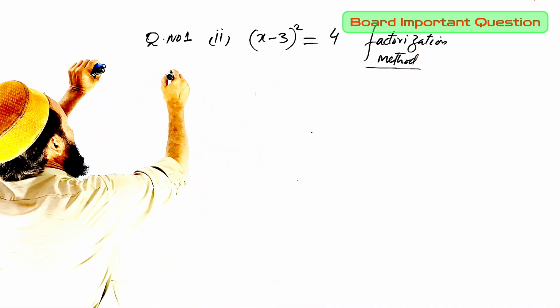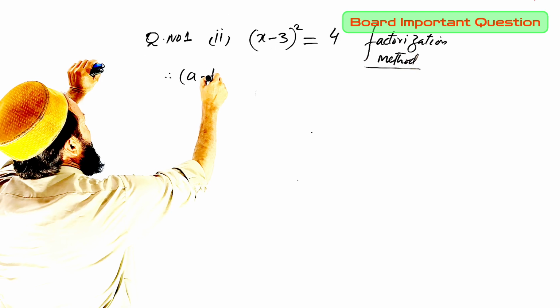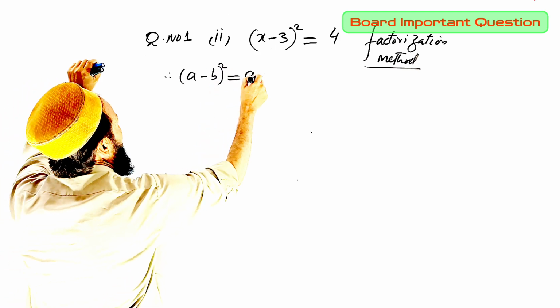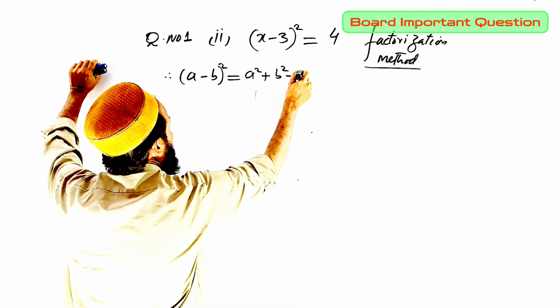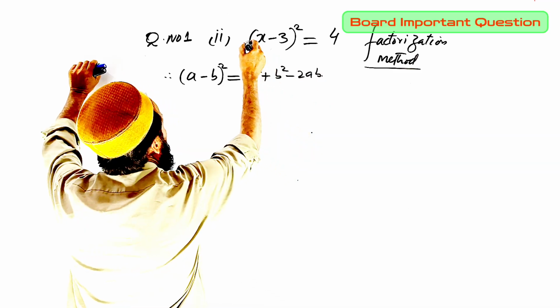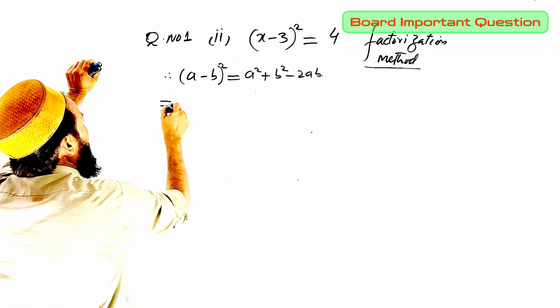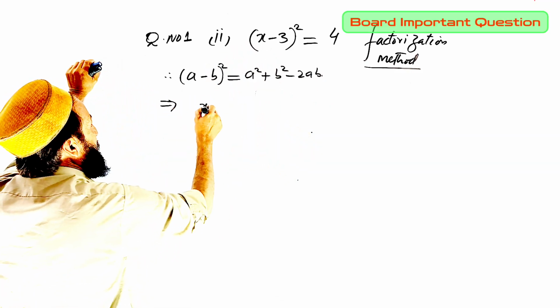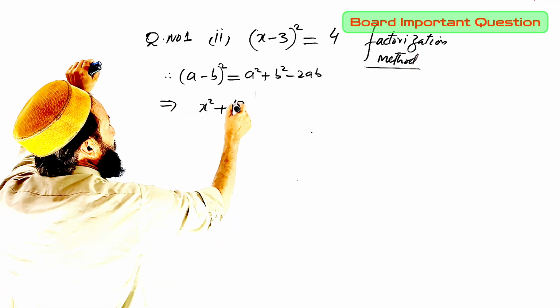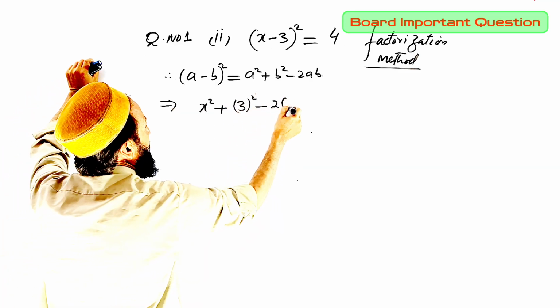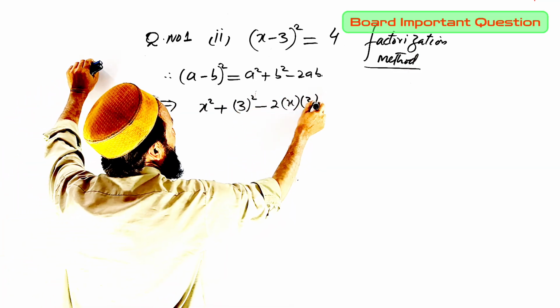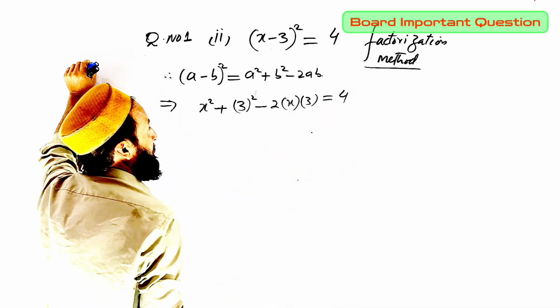According to the formula (a minus b) whole square equals a square plus b square minus 2ab, we open the equation: x square plus 3 square minus 2 into x into 3 is equal to 4.